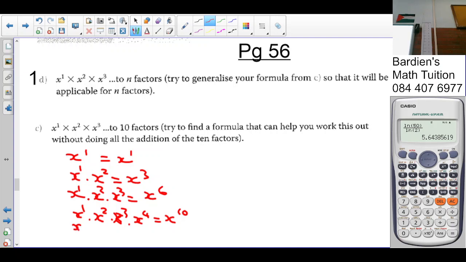What would x times x squared, that's 2, 3, 4, 5, be? x15. You all agree with that?